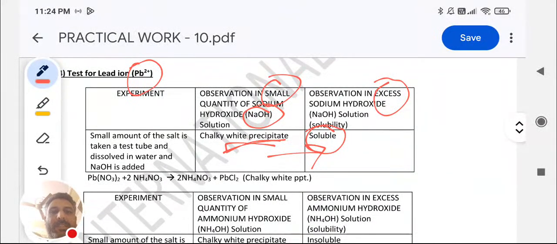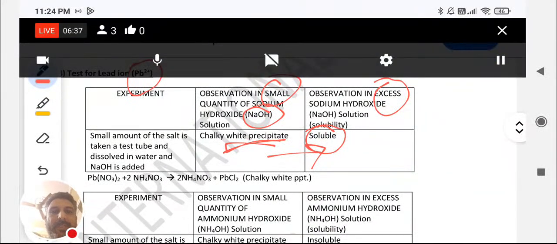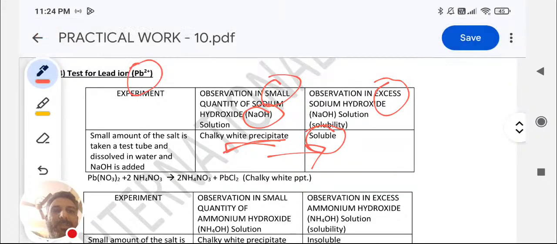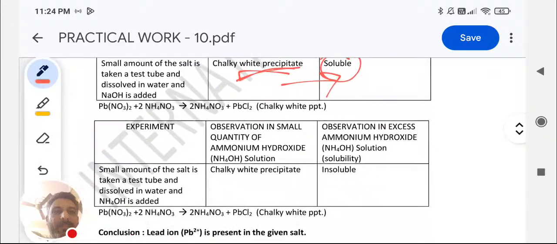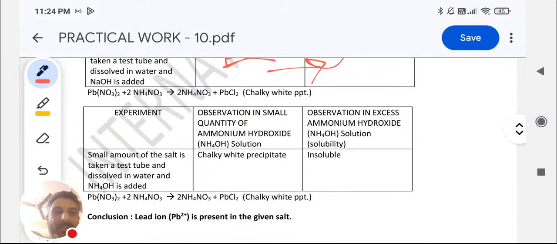The same lead salt solution will give a white precipitate again with small amounts of ammonium hydroxide, but this remains insoluble in excess ammonium hydroxide.